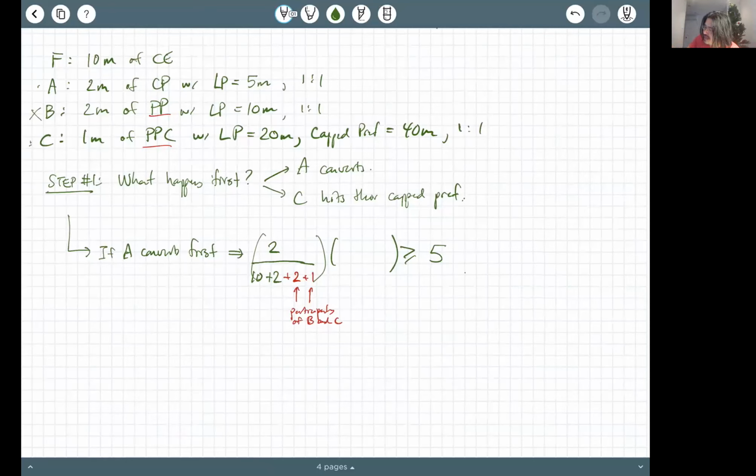So that A gets V minus 10 minus 20. This is the liquidation preference of B and C respectively. Again, this comes from the definition of participation. Participation gives you both the liquidation preference and the shares.